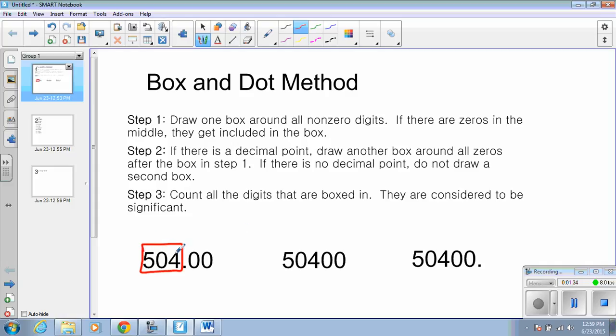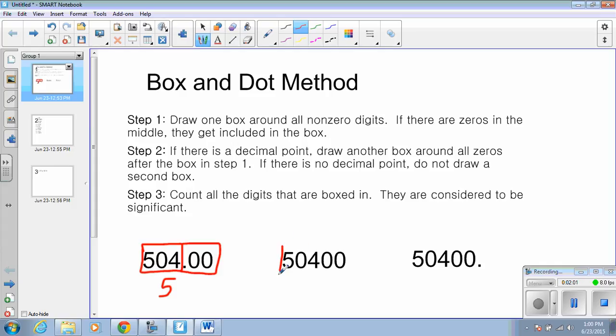So this zero gets included. If there's a decimal point, there is a decimal point. Draw another box around all zeros after the box in step one. And then count up the digits that are in the box. They're considered to be significant. So we have 1, 2, 3, 4, 5. 5 significant digits.